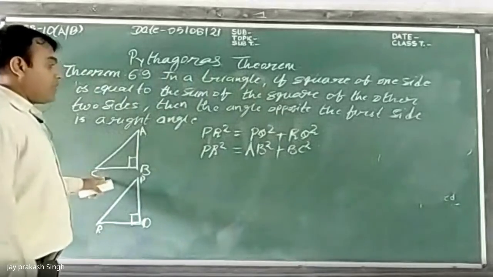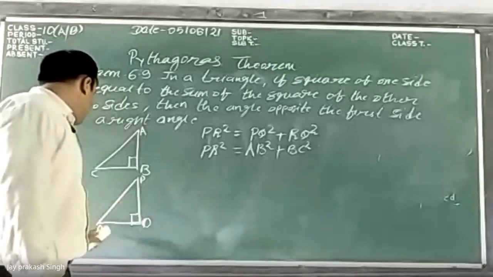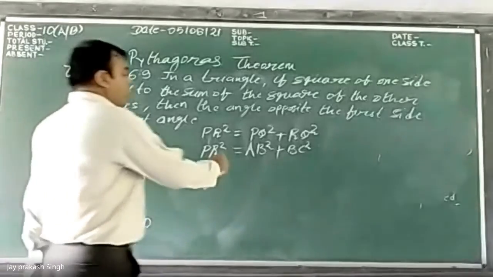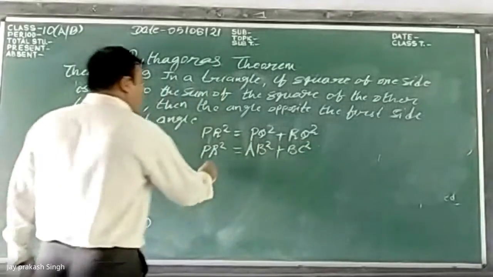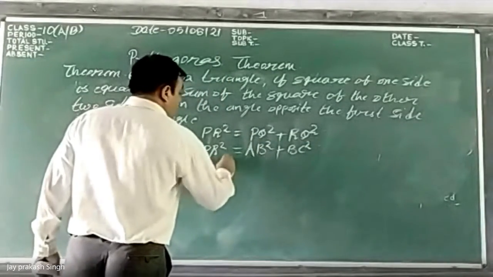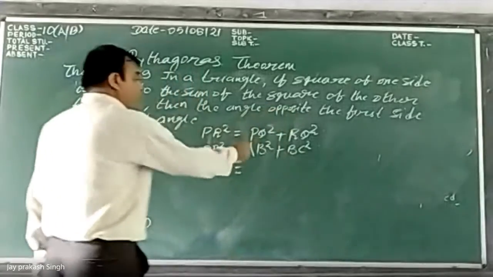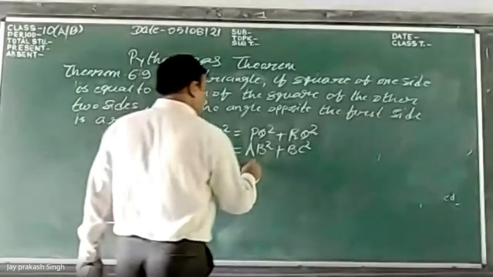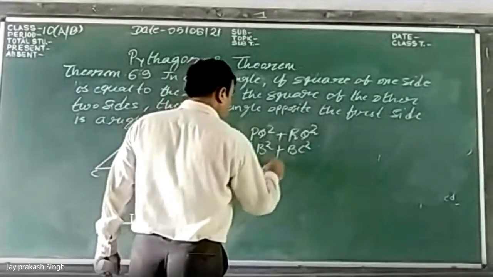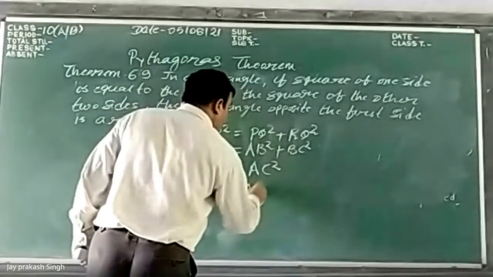It is given that AB square plus BC square equals AC square. So PR square equals AC square, or PR equals AC.